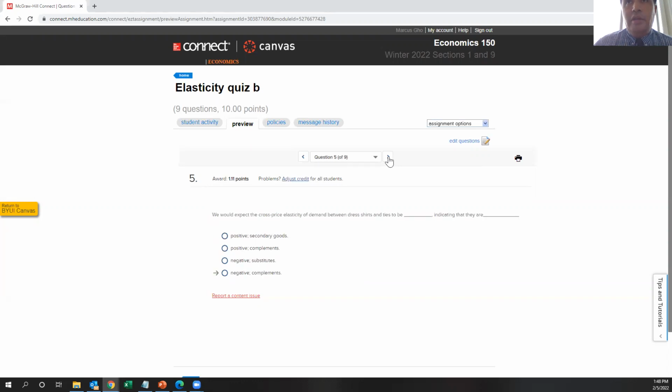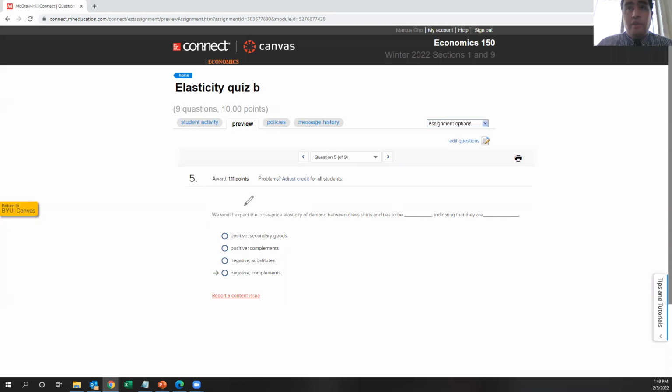Let's look at this next one. If we expect the cross price elasticity of demand between dress shirts and ties to be blank, indicating that they are blank. It's common to see dress shirts and ties together. So let's just go ahead and assume they're complements.